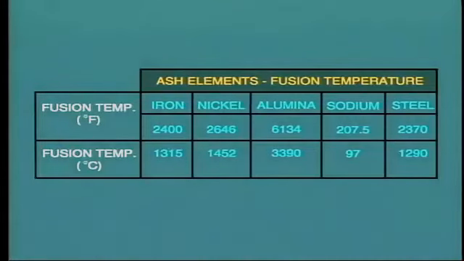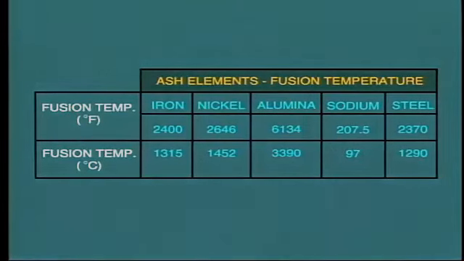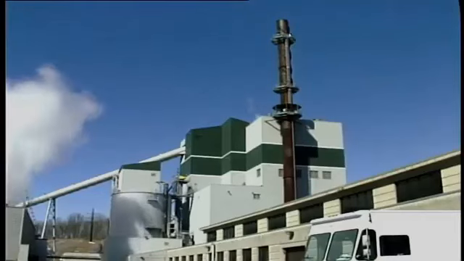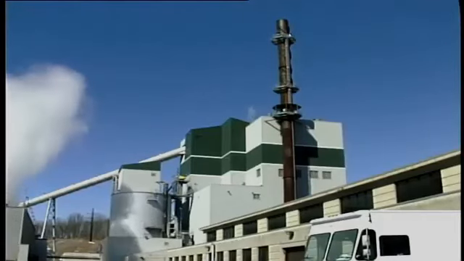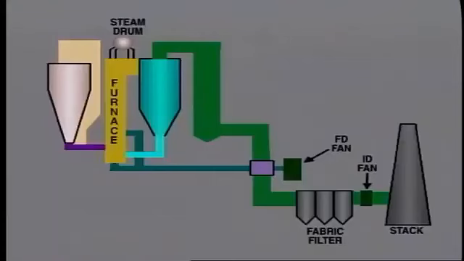One is that the combustion temperature is well below the fusion temperature of most components of ash, so eliminating most of the slagging problems that are common with many low-grade fuels. This type of combustion is also more environmentally friendly, as we shall see in our discussion of this subject in the next module. Let's take a closer look at a typical design.